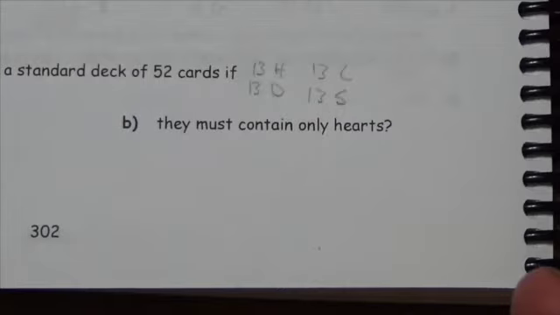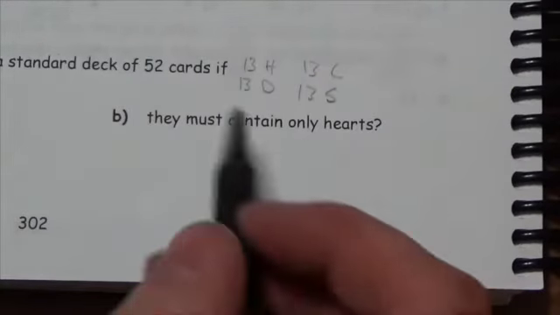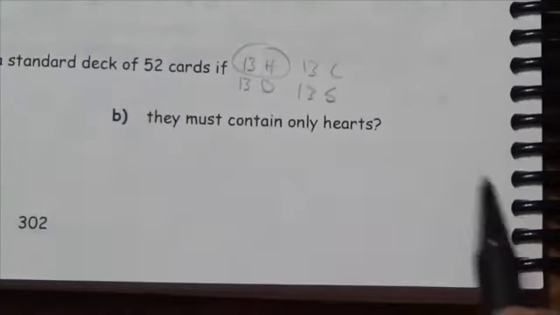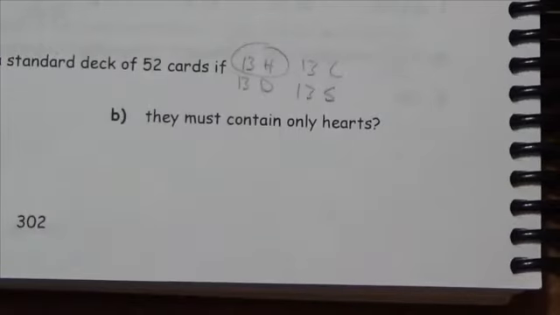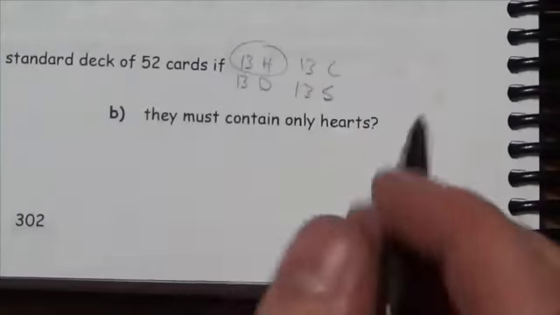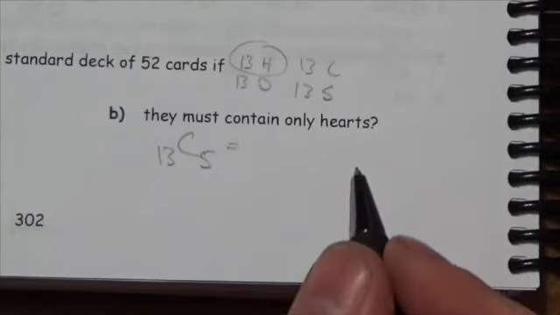Okay, what is the decision that you have to make here? Well, you've already decided that they're going to get hearts, so that's not the decision. You don't have to choose which suit you're going to give them. We've already chosen hearts. So now there are 13 different cards you can choose from in that suit. What you have to do is choose, of those 13, you have to choose 5.